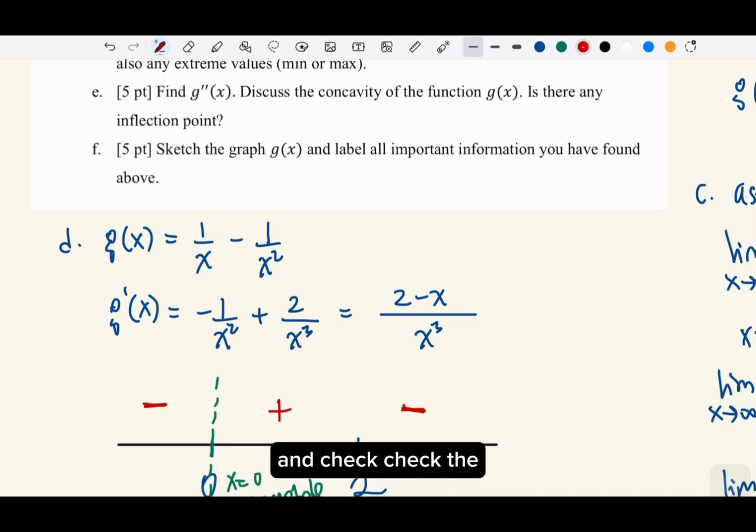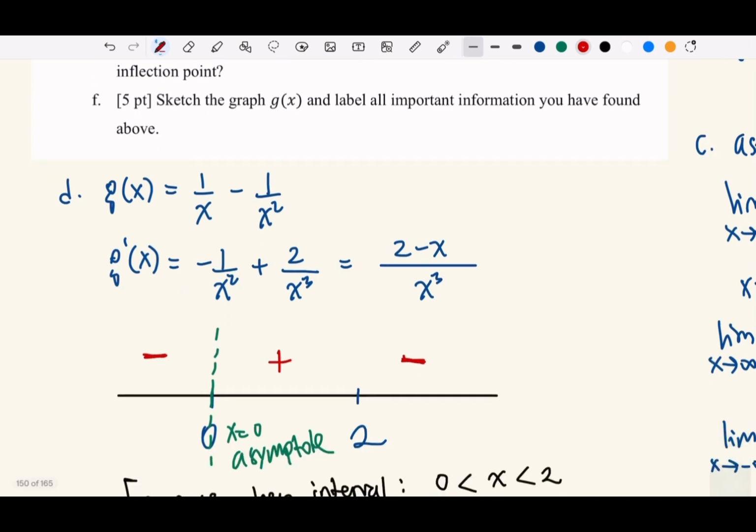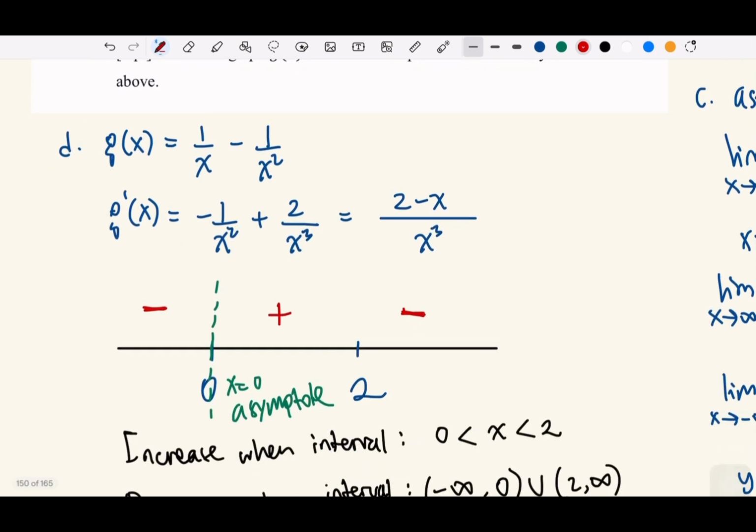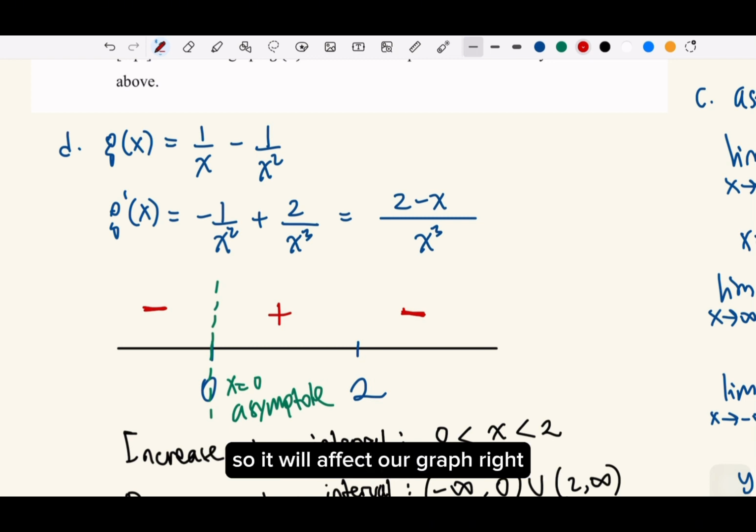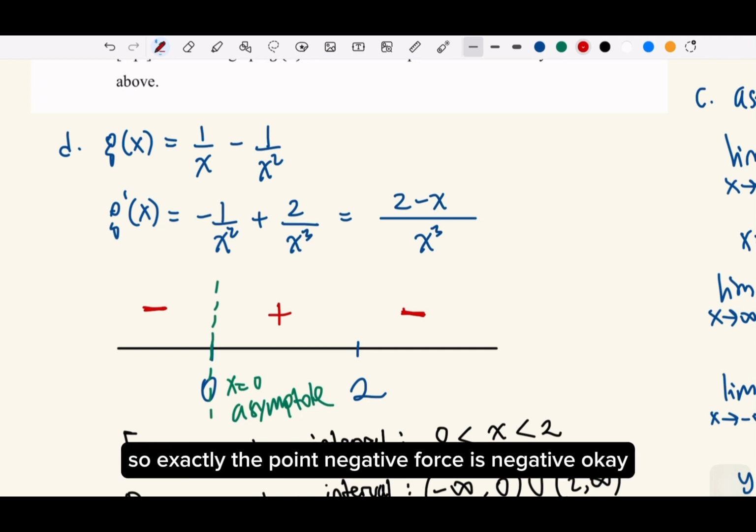And check the test. So you have 0 here. Why did I put 0 here? Because we know that this is an asymptote, so it will affect our graph, right? So we put here 0 and 2. We take this equal to 0, we get 2. So we check the points: negative, positive, negative.